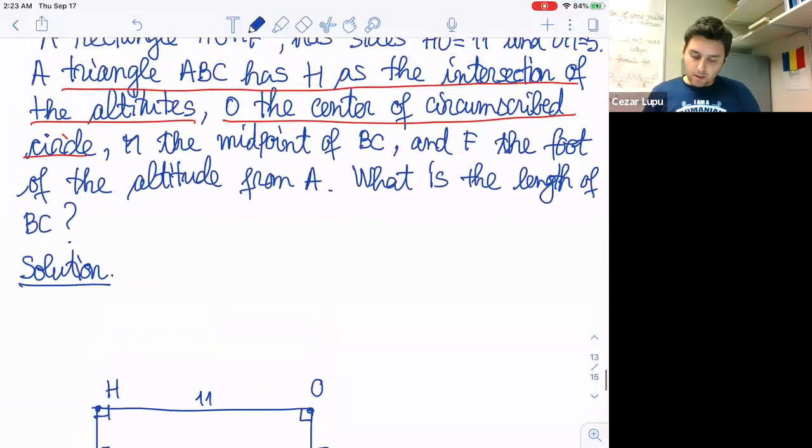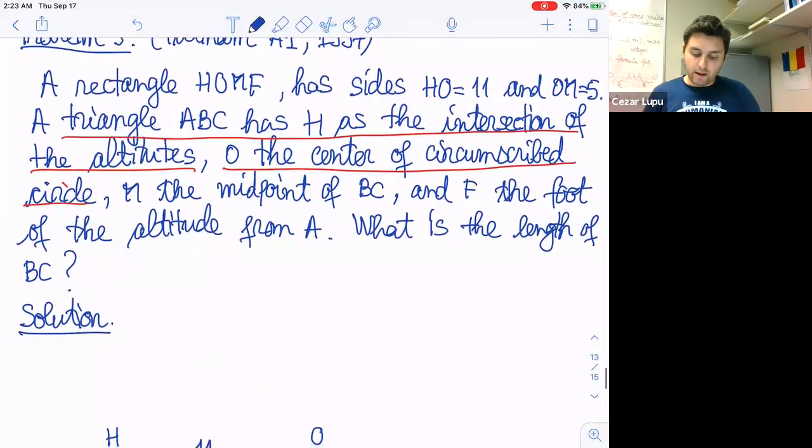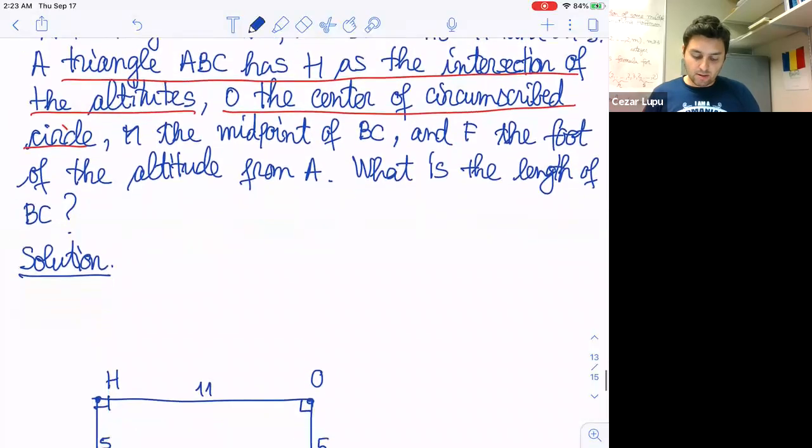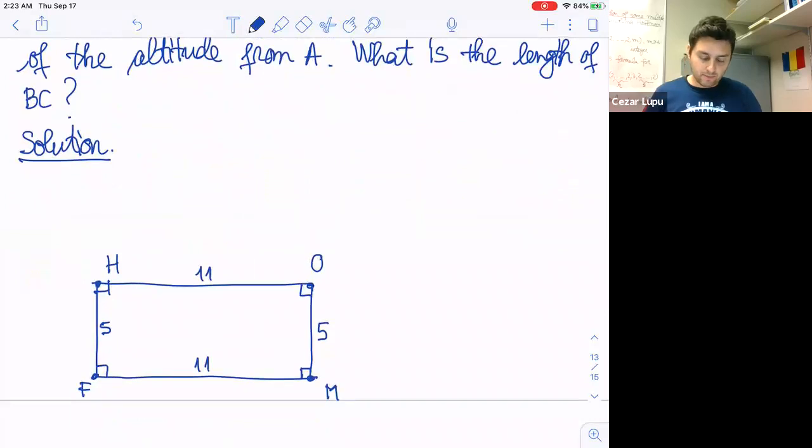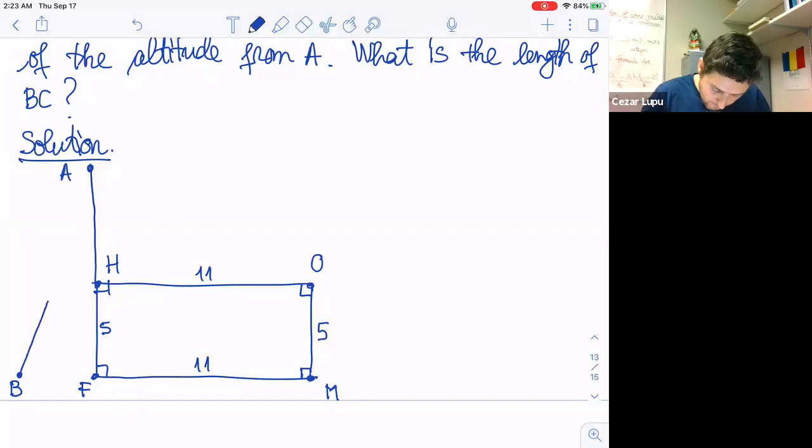Now a triangle ABC has H as the intersection of the altitudes. So I have a triangle ABC, and this will be the altitude. Let's say this is B, this is A, and let's draw it carefully.